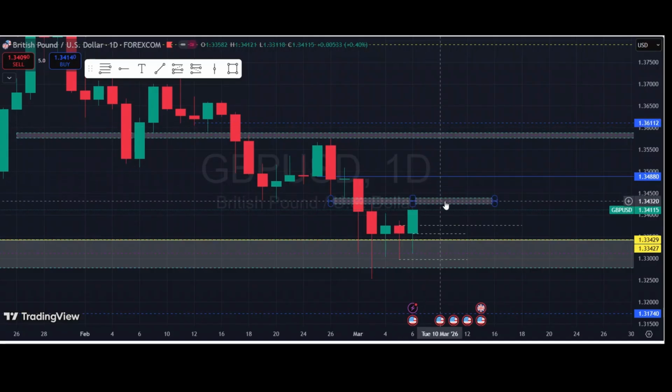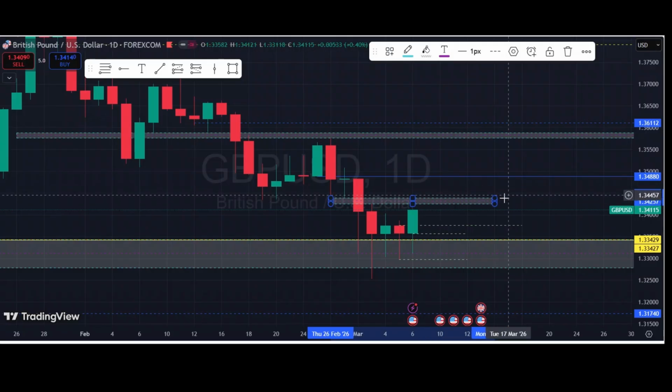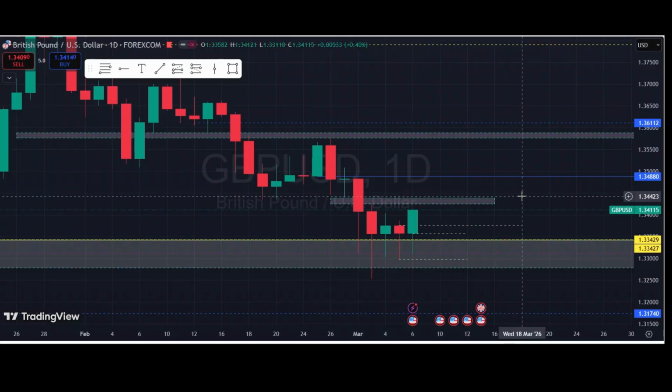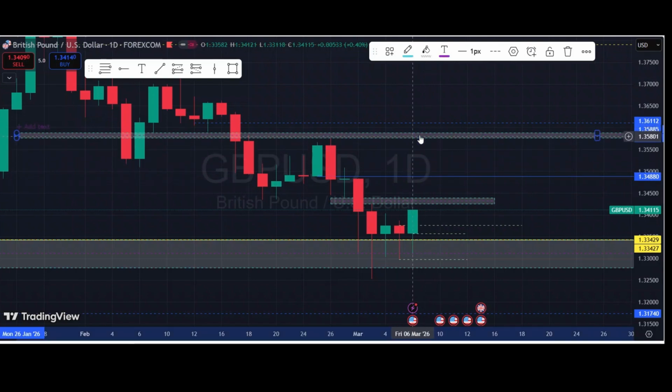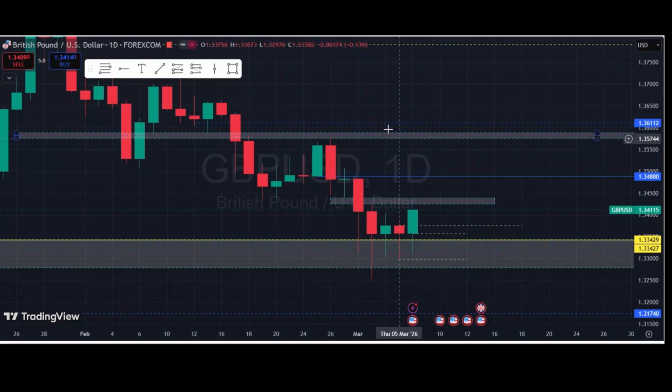So first we're looking at the daily fair value gap. Yes, the daily fair value gap at this 1.3426. The next with the daily order block at this level, the 1.3488 levels. And if it continues, then we'll be expecting price to get to the weekly fair value gap, which is also the daily order block.